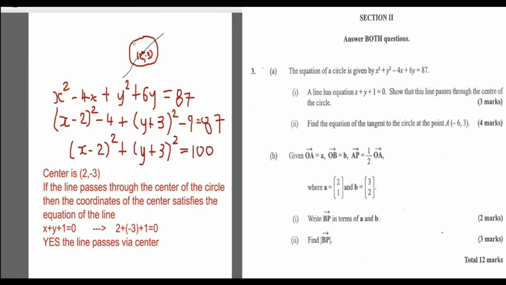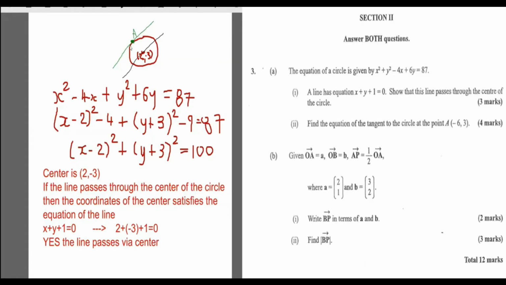So based on my sketch, right here is where the point A is. And then this is the tangent. I don't need to find the equation of this tangent right here yet.